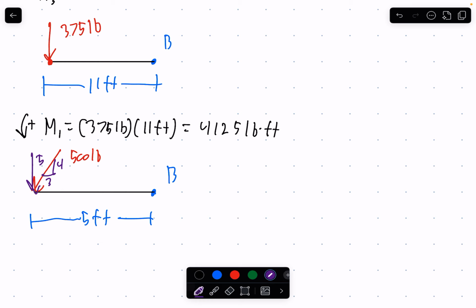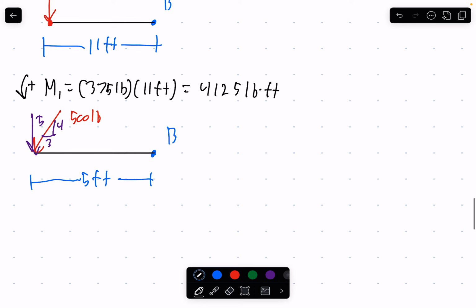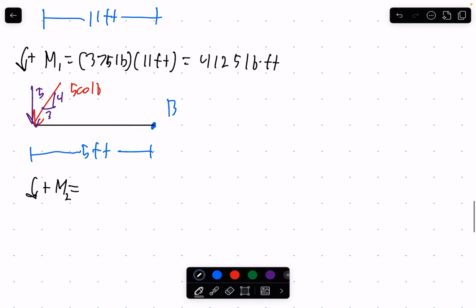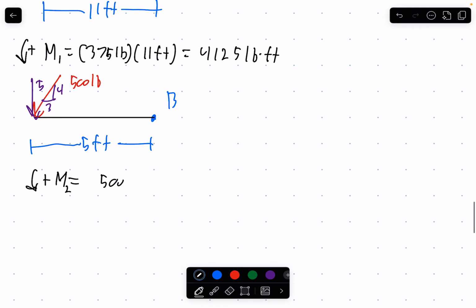Okay, same deal right here. Positive direction will be counterclockwise in accordance with the right-hand rule. And we know the force is 500 pounds. It's going to be a positive moment because it's going in the counterclockwise direction. And we're going to use a fraction 4/5 to find that vertical component that we need.